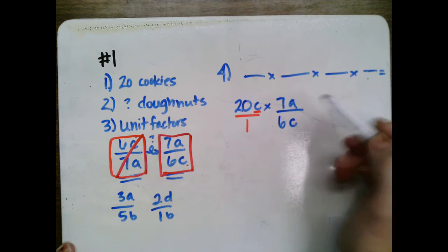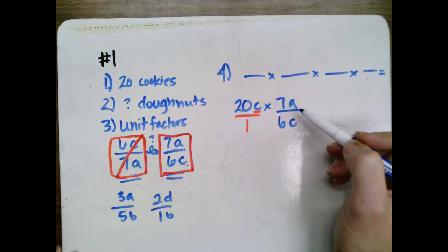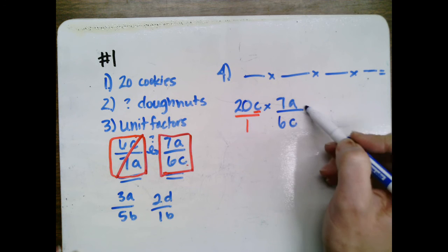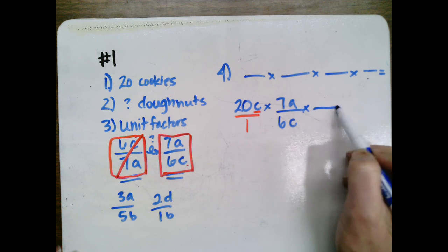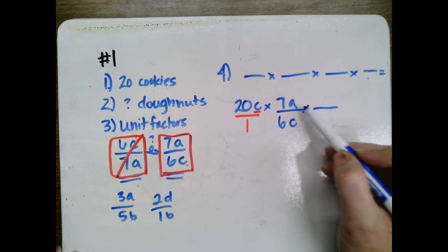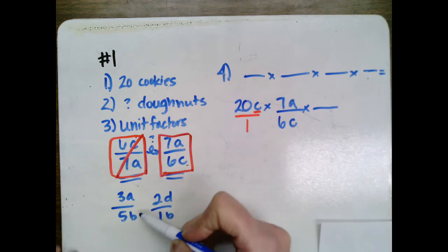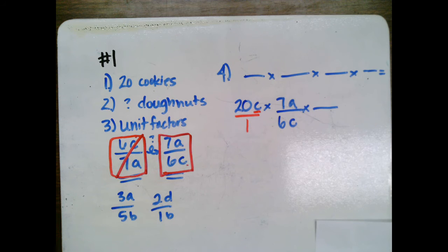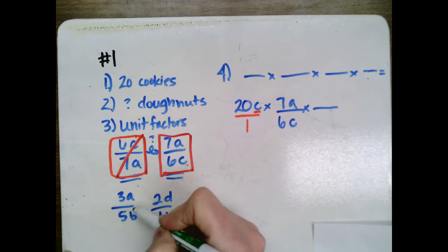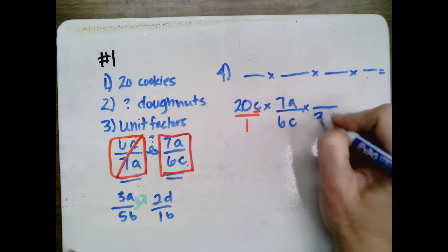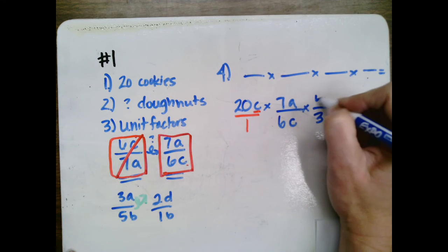Okay, now apples are in the numerator. So where do apples need to go in order to move from apples? I need to put them in the denominator. Alrighty, so here's my next unit factor, but I need to find the reciprocal of this one, which is easy. I'll just flip it over, right? So apples on the bottom, bananas on the top.